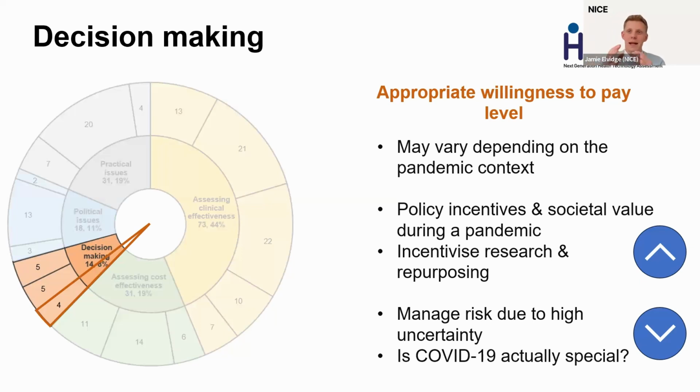Should we treat that condition any differently to how we think about treatments for cancer, or treatments for a rare disease? So yeah, there were some theoretical questions on, if we change our threshold and we're happy for companies to charge more for COVID treatments, what does that mean a bit further down the line? Is COVID really special? So these were discussions that were had.